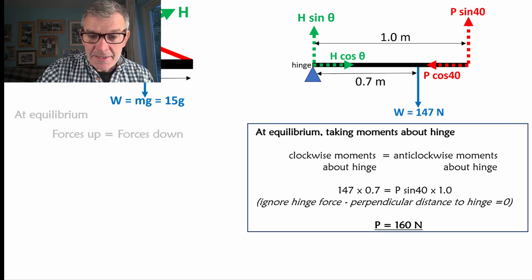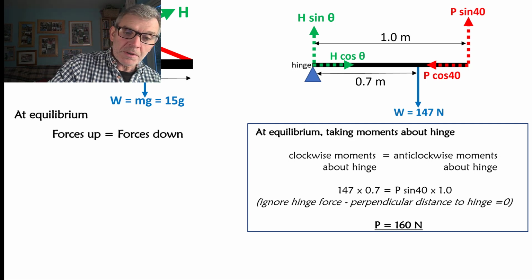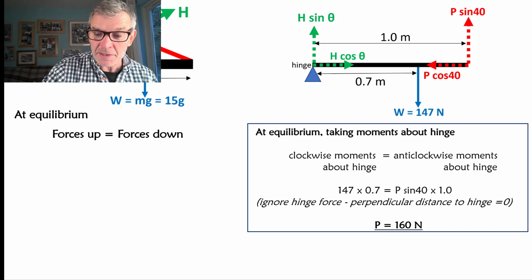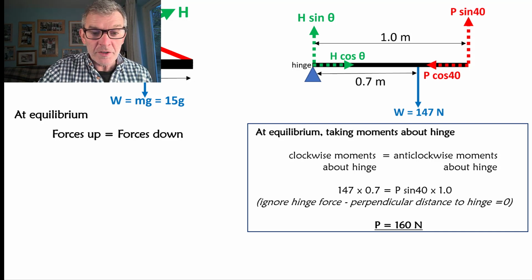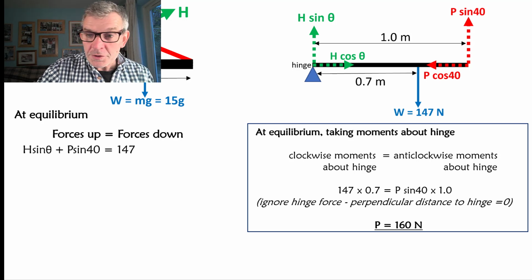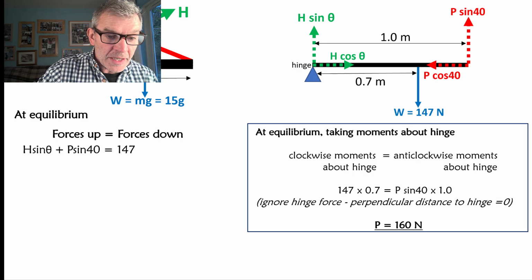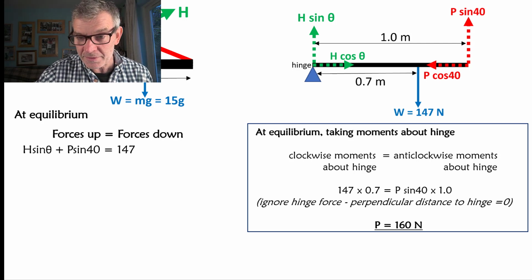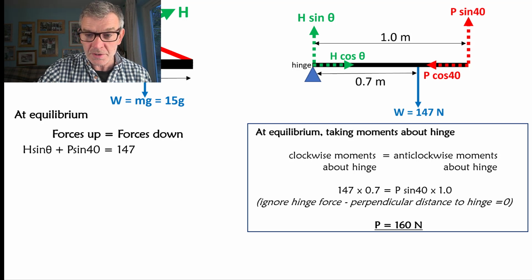Okay, the second condition for equilibrium is that the forces in any particular direction will balance. So in this situation, all the forces acting upwards equal all the forces acting downwards. The forces acting upwards are H sine theta and P sine 40, and the only force acting downwards is the weight, 147 newtons.